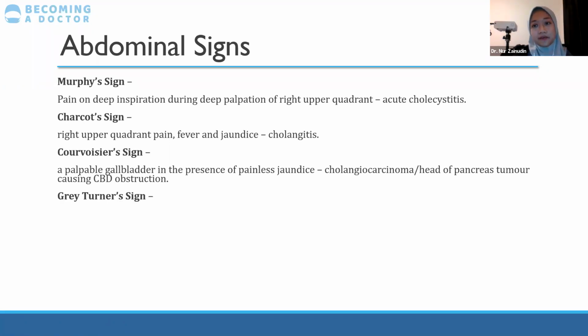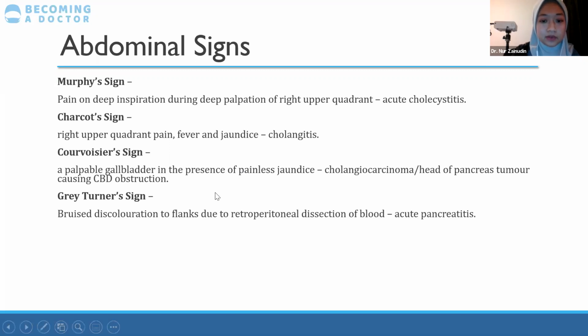Grey Turner sign. Has anyone heard of that one? Those are very good. So bruises to the flanks with retroperitoneal dissection of blood. Quite severe, this can happen in severe acute pancreatitis.